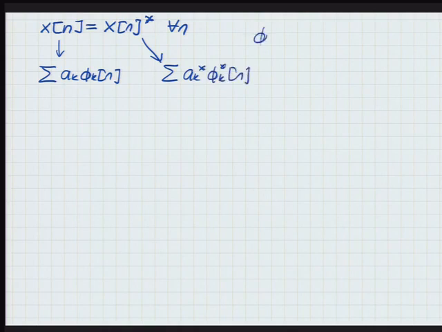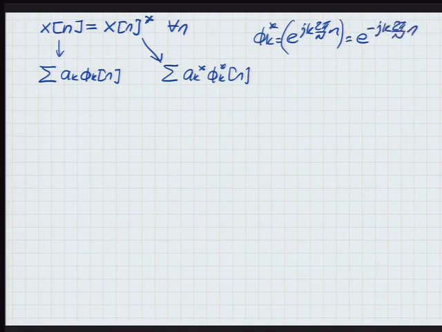Now remember, phi_k is e to the j k 2 pi over N times n. So starring that amounts to putting a negative sign here, and that amounts to replacing k by negative k. So phi_k star is phi of negative k. All right, so this is phi of negative k of n.